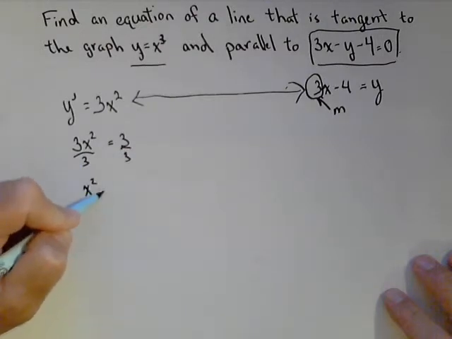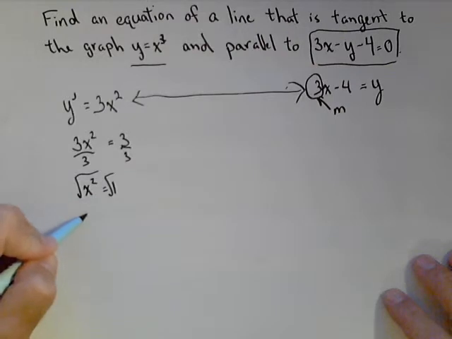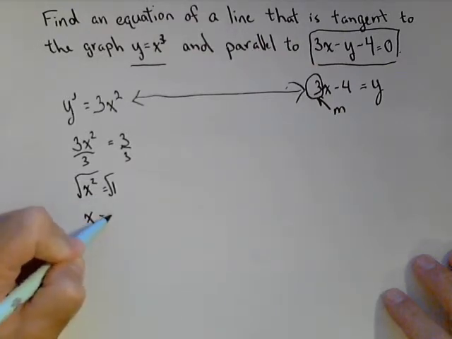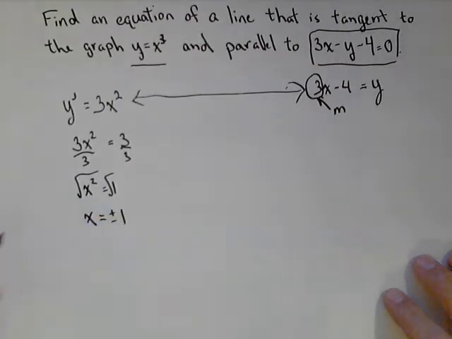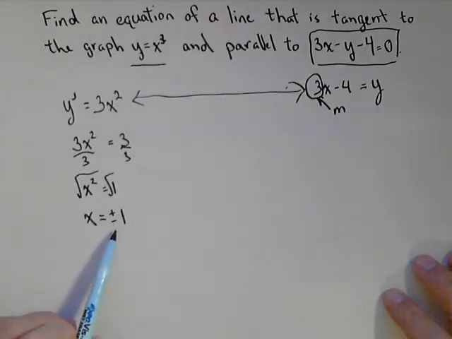I get x squared equals 1. Square root both sides, and I'm going to get x equals not just 1, but it could be plus or minus 1. So that tells me that on the graph of y equals x cubed, there are two places that the tangent line is going to have a slope of 3. One at positive 1, one at negative 1.